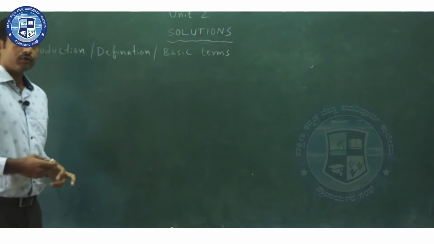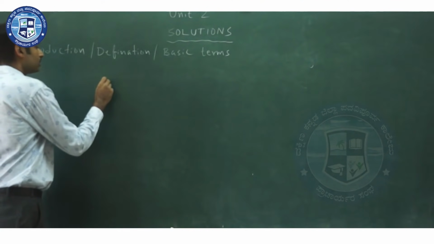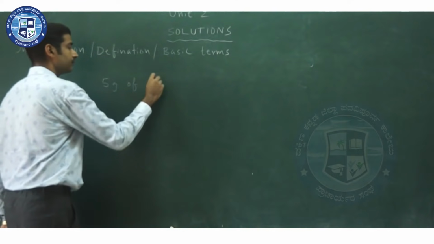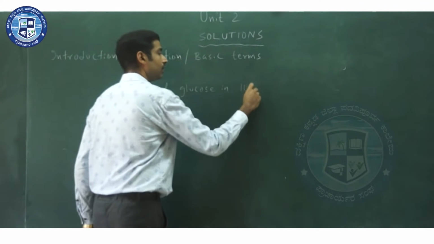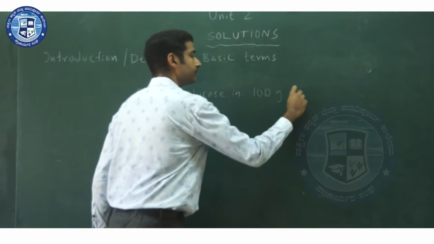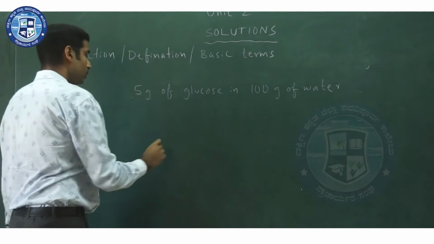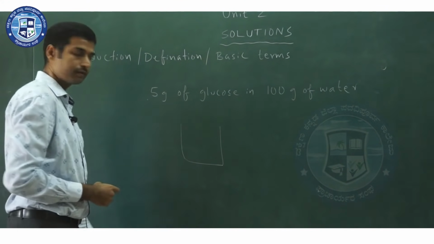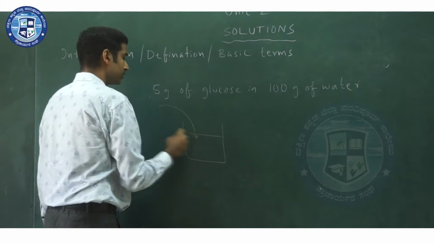When we speak of a glucose solution, suppose I have got 5 grams of glucose in 100 grams of water. So what I will do is, I will take water in a beaker or a container and add glucose into this.